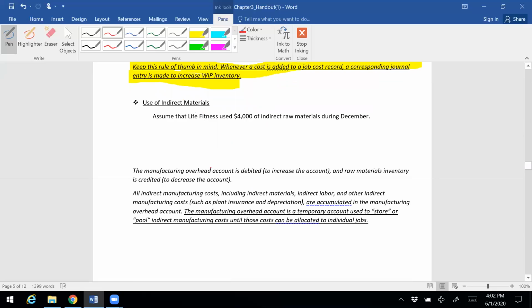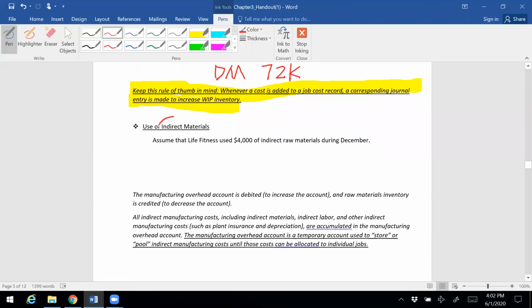On the other side, if we have indirect material, where will this go? Will this go to our work in process directly? No, because this is indirect material. The right way is we don't go to work in process directly, because we cannot really know how much of the indirect material goes to this specific job.